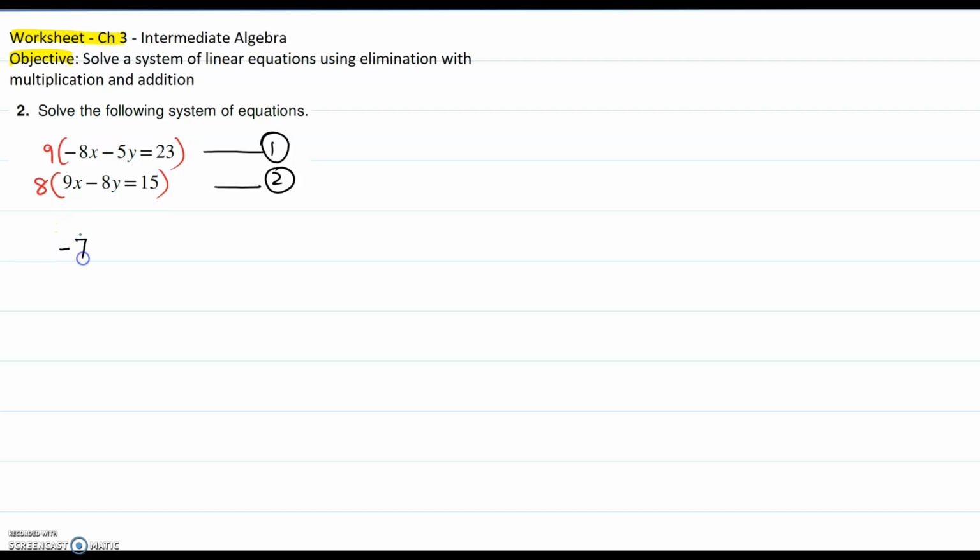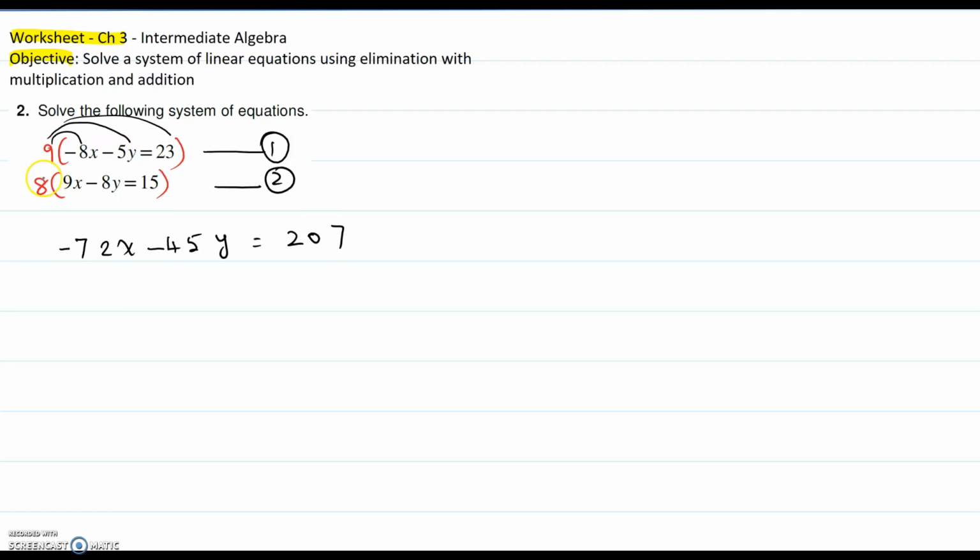So you get negative, if you distribute the 9, you get negative 72x, distribute the 9, which will be negative 45y, then distribute the 9 for the right hand side also, 23 times 9, which is 207. Then you multiply the second equation by 8.